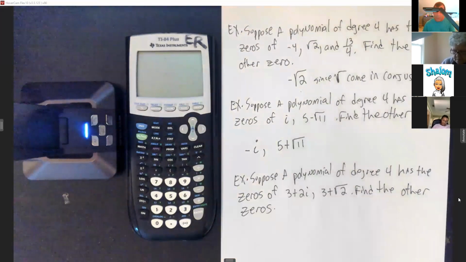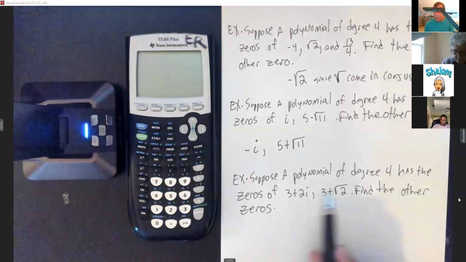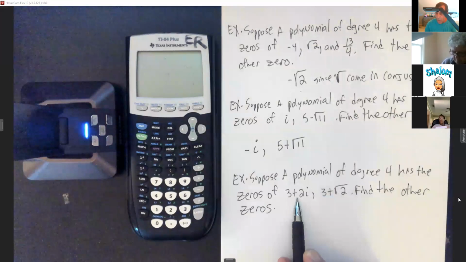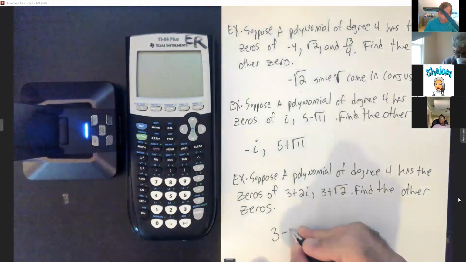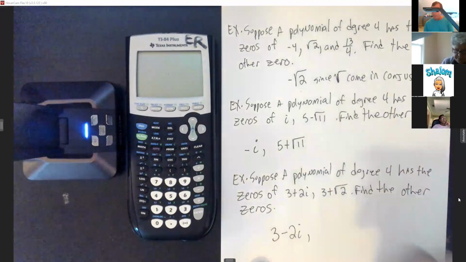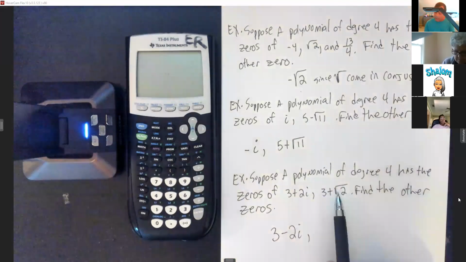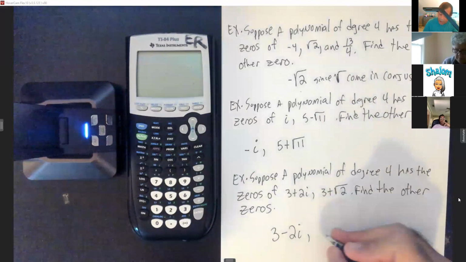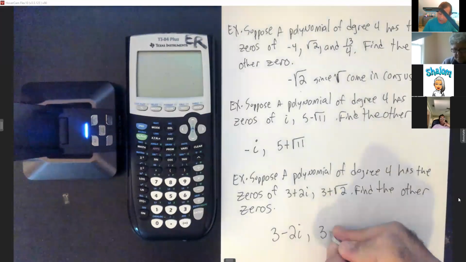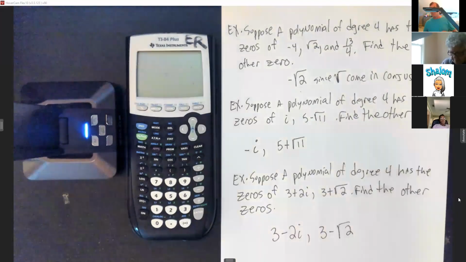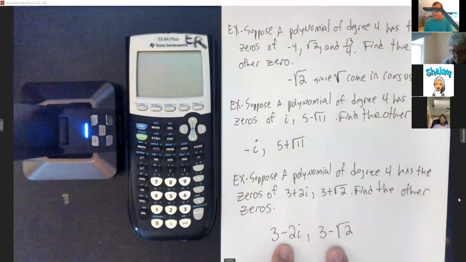So I do know that both of these always come in conjugate pairs. So if 3 plus 2i is a 0, I need 3 minus 2i. And then if 3 plus the square root of 2 is a 0, I need 3 minus square root of 2. So once again, notice the real numbers do not change, only the signs of the imaginary and the radical parts, okay?